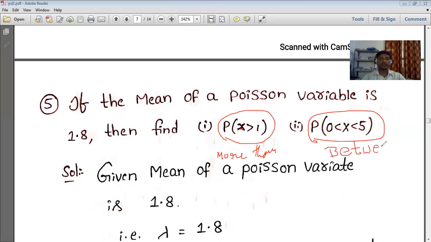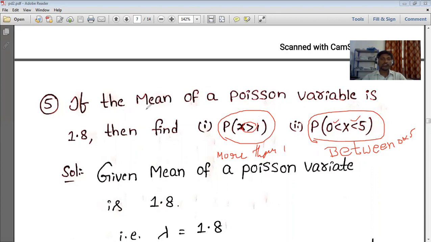This is given in symbolic notation. If they give in word notation more than, we write greater than. If they give between, it means between 0 and 5, and here more than 1.